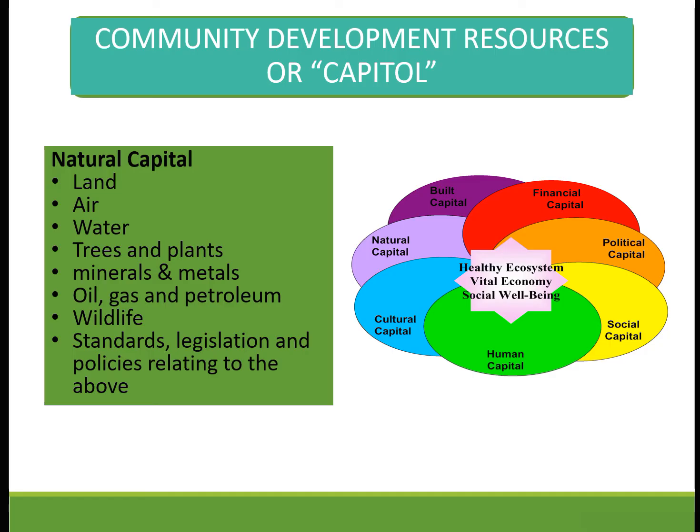Obviously, we want to protect the environment, but these are natural resources that obviously relate to financial or economic capital as well as political capital. We have to look at the wildlife and then also the standards and legislation and policies that are related to natural capital.